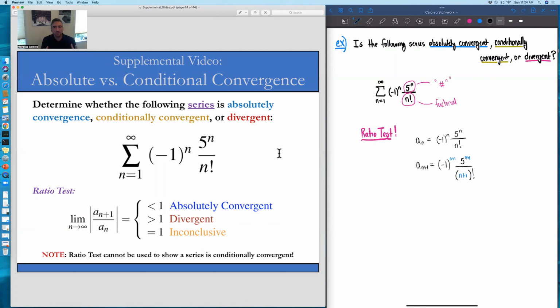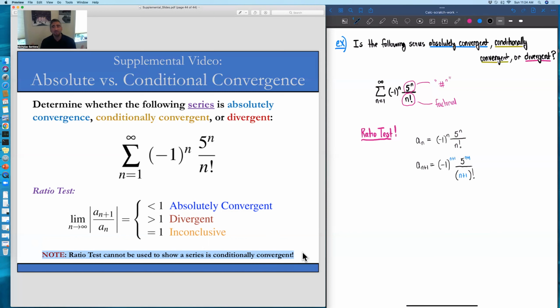So we're going to take those two things, take a ratio of them, and take a limit as n goes to infinity in absolute values. And depending on what that limit looks like, it will tell us whether or not ratio test guarantees this series is absolutely convergent or divergent. I also want to mention that ratio test cannot be used to show a series is conditionally convergent.